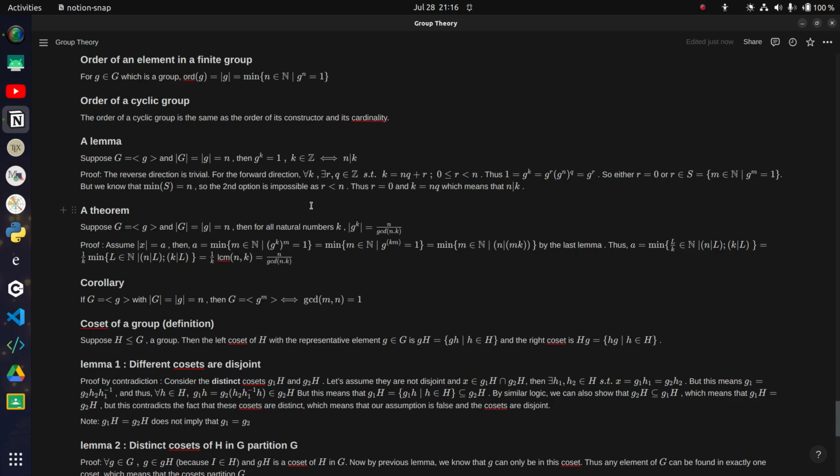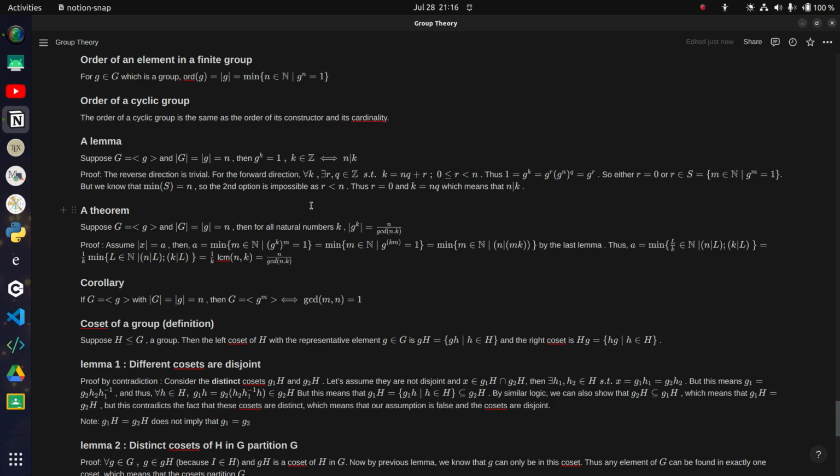So once again, this is pretty obvious from the definition of the order of g power k. The order of g power k is the minimum natural number m such that g power k power m is 1. So g power km is 1. But then g power km is 1 just means that n divides km, because g is a constructor for our group. So basically you're looking for the minimum natural number such that n divides mk.